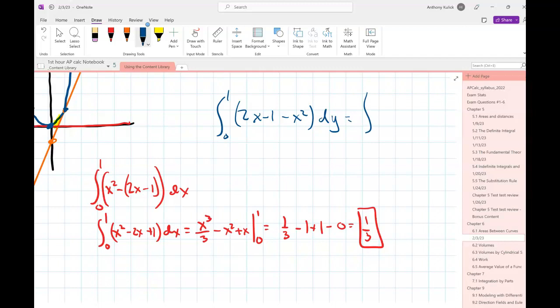So if we do that, we'd have 0, 1, negative x squared plus 2x minus 1.